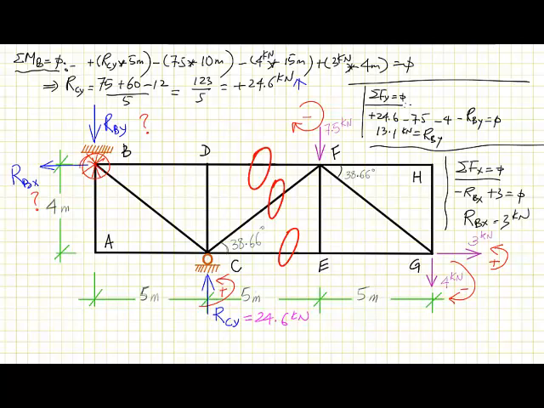Now I'll go and update our sketch. So this one and this one, we'll update them, and they are RBY is equal to 13.1 kilonewton, and RBX is equal to 3 kilonewton.